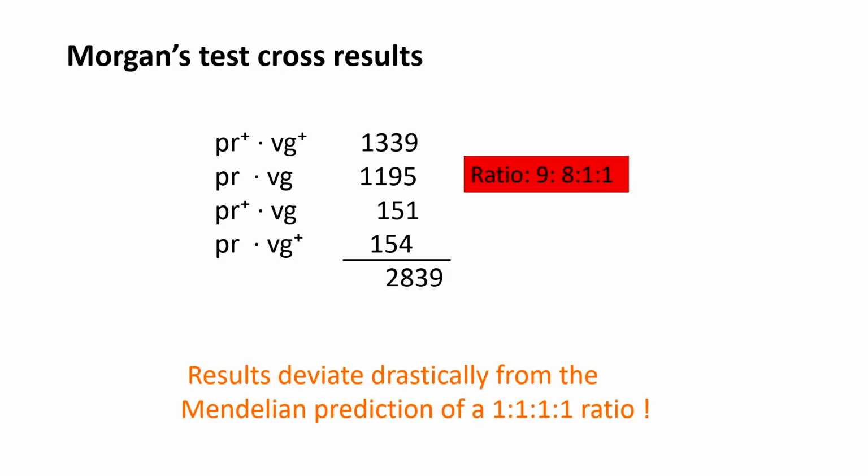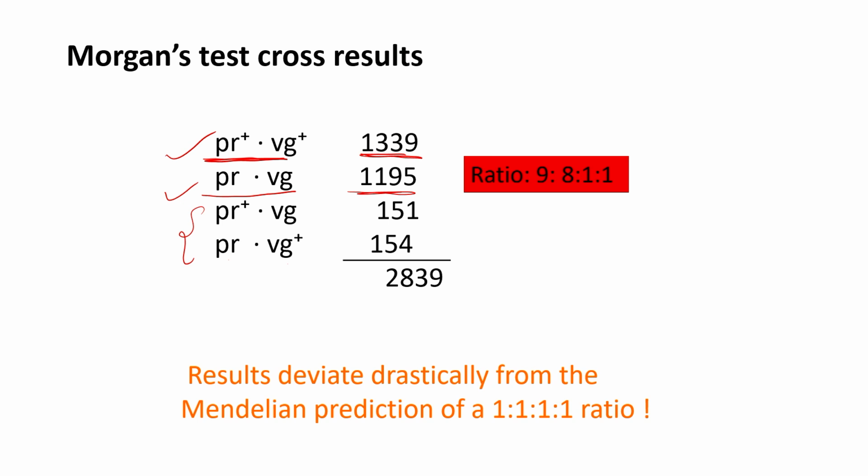But Morgan's test cross ratios deviated. He saw the wild type, a lot of them, and the recessive ones, again a lot of them, whereas these two are very few, where you have wild type eye and vestigial wing, and purple eye and wild type wings.